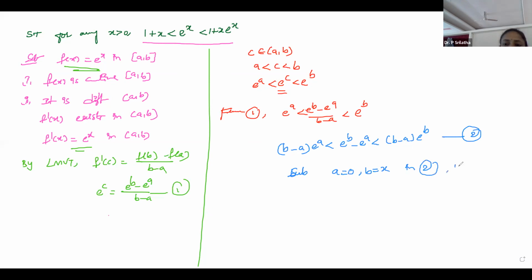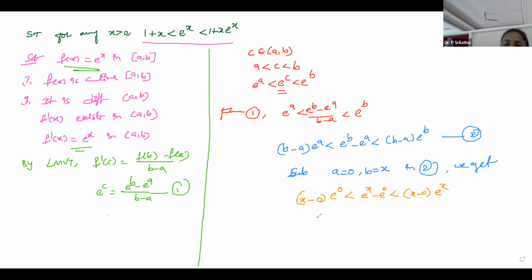After substituting, x minus 0 into e power 0 is less than e power x minus e power 0 is less than x minus 0 into e power x.